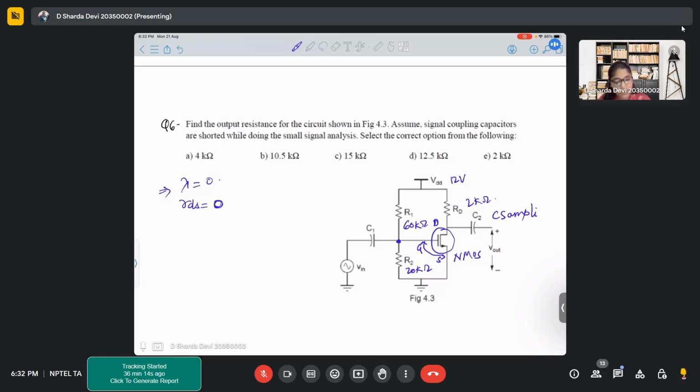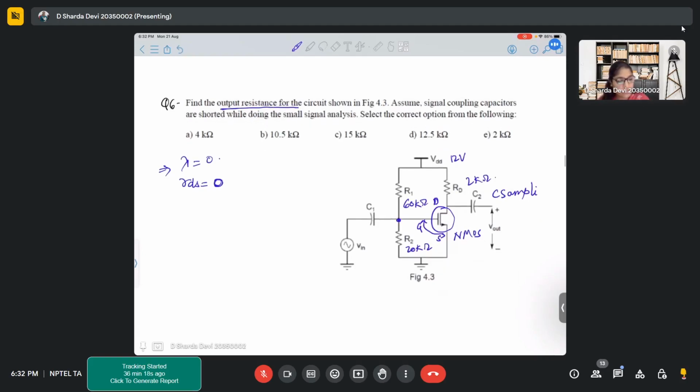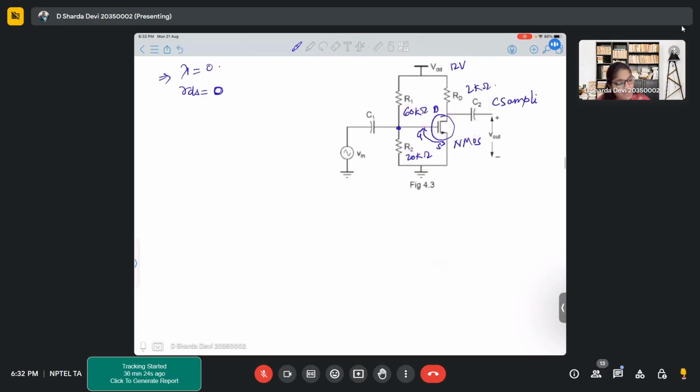Now in this particular problem, it is asked what will be the output resistance of this particular circuit. What will be the output resistance? R drain, yes. So it is like drain source, where source is grounded.